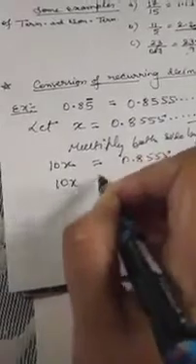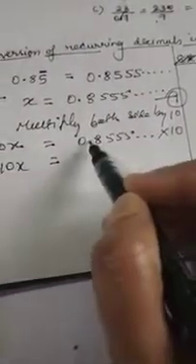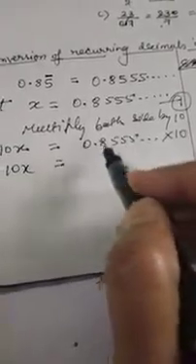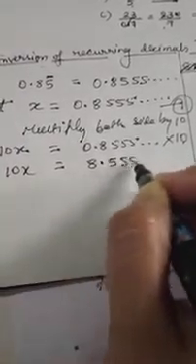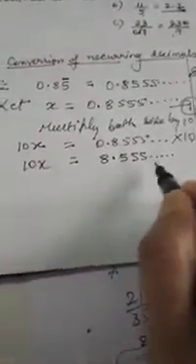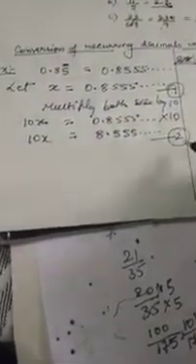Now I have taught you earlier that if you are multiplying by powers of 10, the decimal will shift to the right side. So 1 0, so the decimal will shift by 1 digit. So you can write it 8.555 dot dot dot. The answer will be this. Now after multiplying, mark it as equation 2. This is equation 1 and this is equation 2.